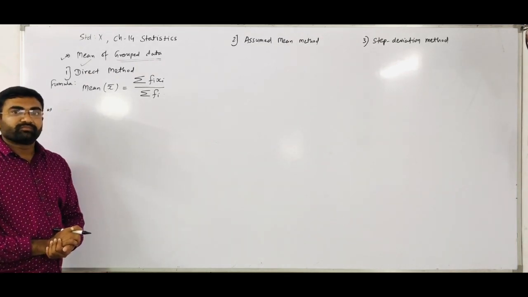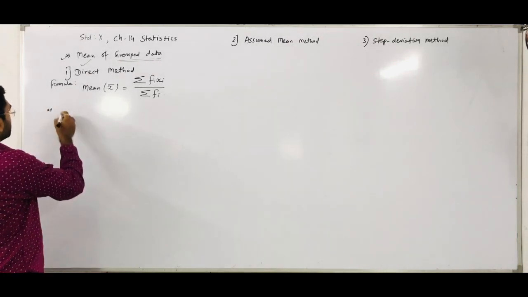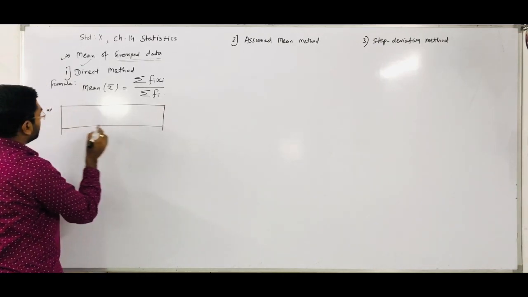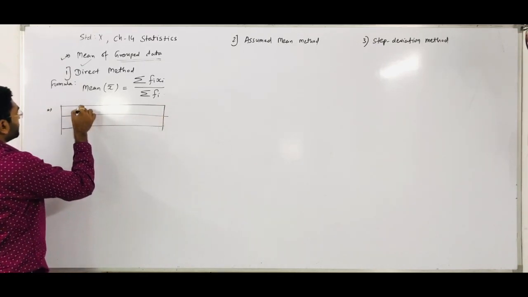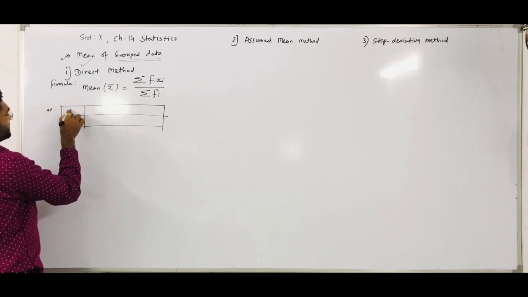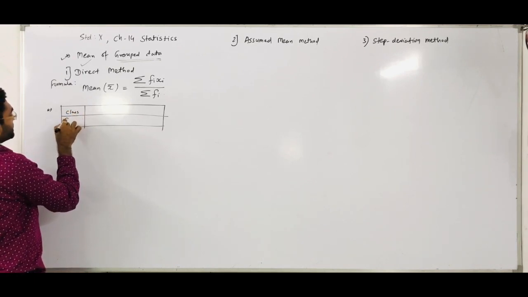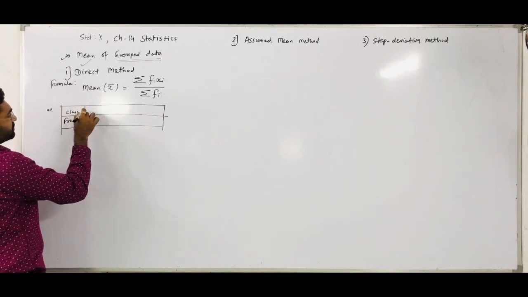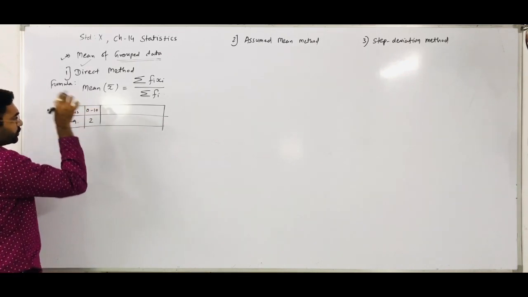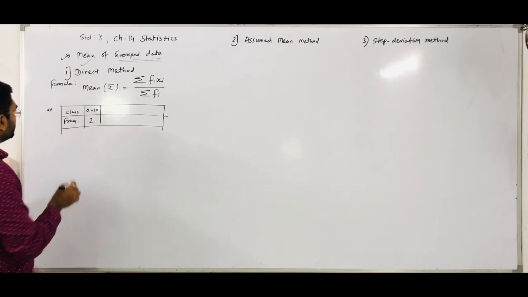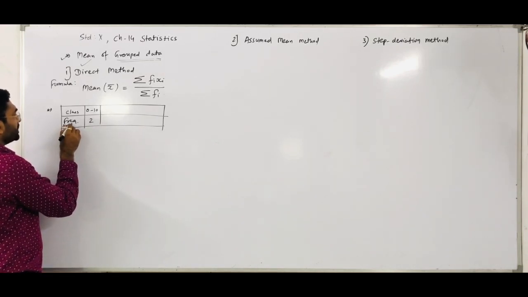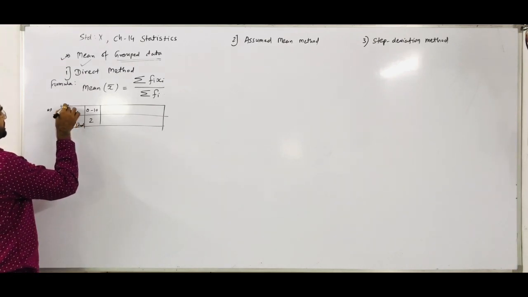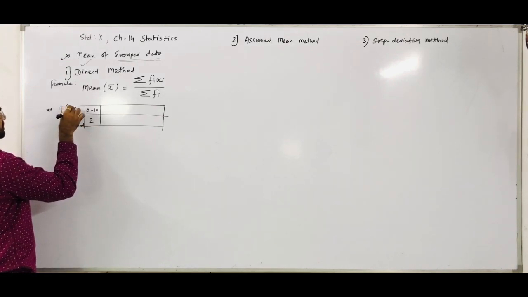Suppose I make a table so you get the idea. Here, this is the class and this is the frequency. Suppose there are two students who get marks between 0 to 10. Here frequency means the number of students, and class means the marks of the test.